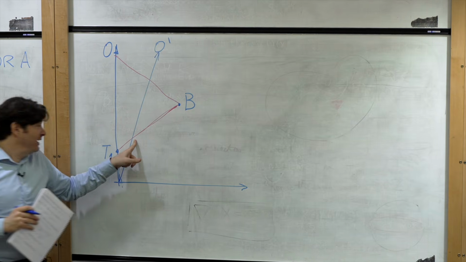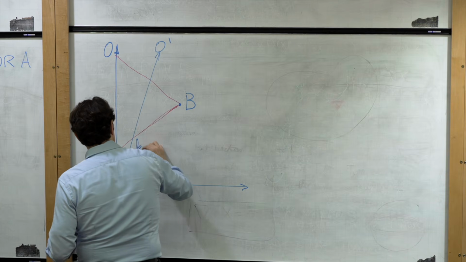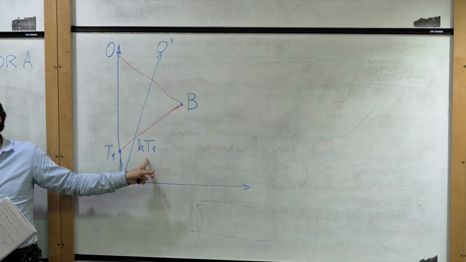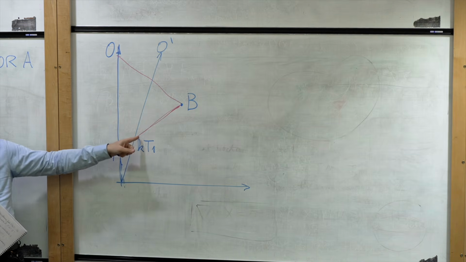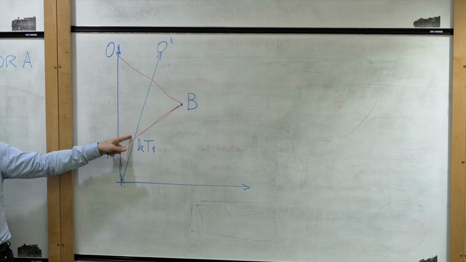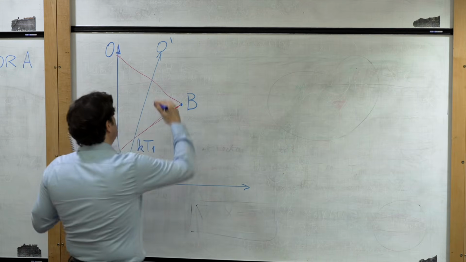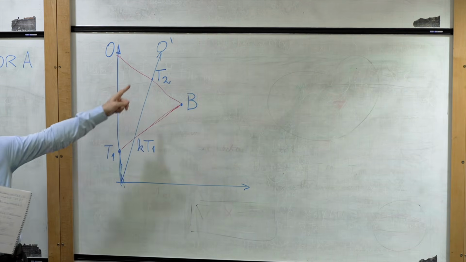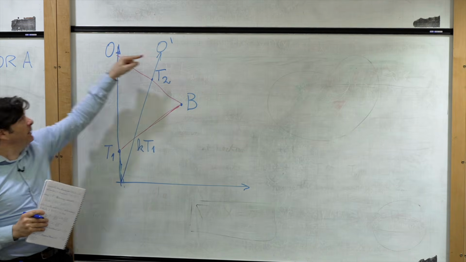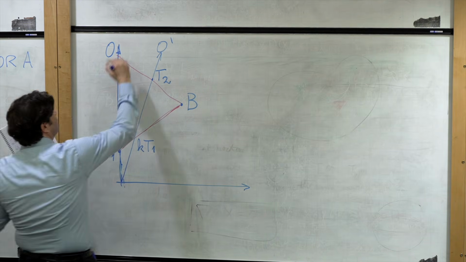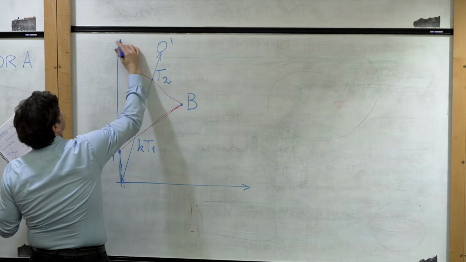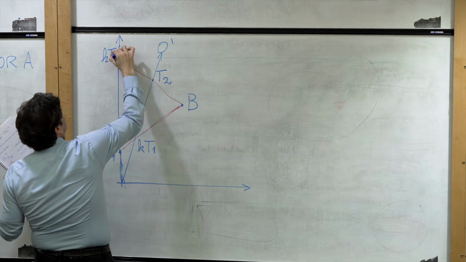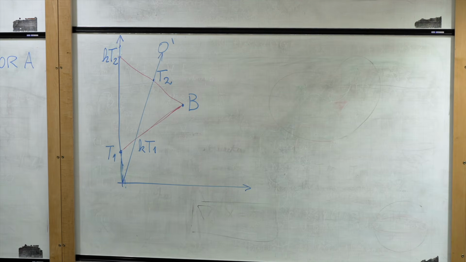Because it's K T1, because that's what the Bondi factor does. If you multiply by it, it just gives you the time in the next reference system. Let's call this point here T2, with respect to O prime. But then this one will be just K T2, okay?